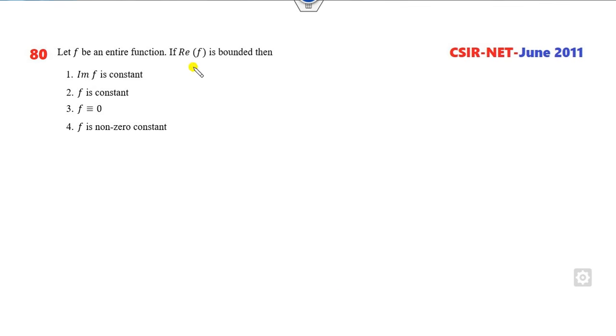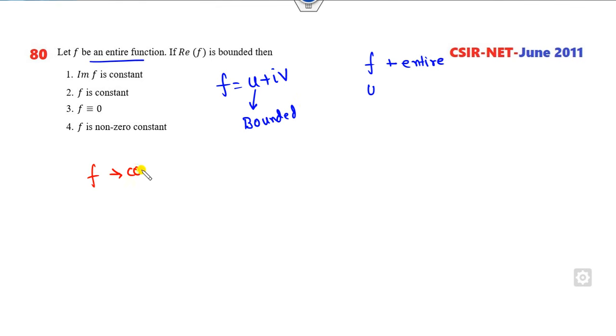f is the entire function given to you. Then the real part of f is bounded. That is, if I consider f as u plus iota v, u is bounded. As I mentioned previously, how can you prove that a function is constant?